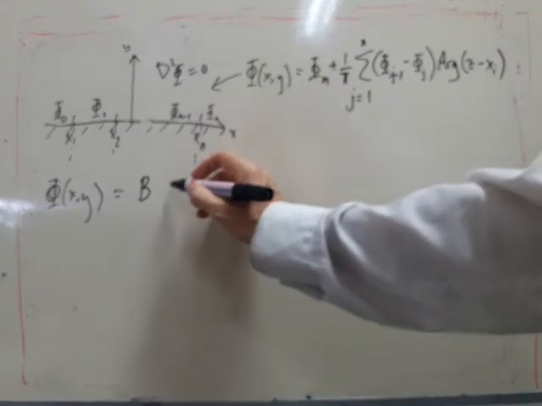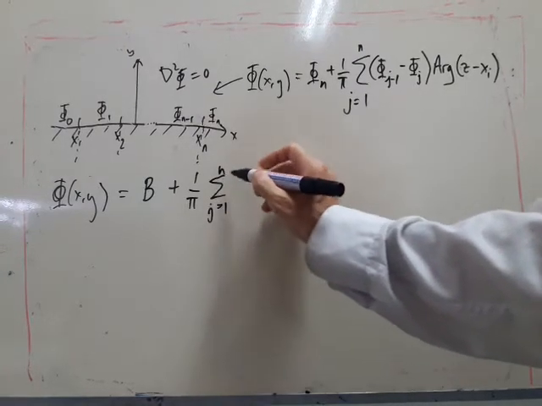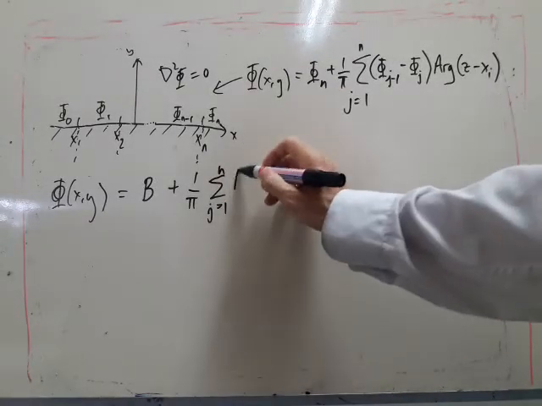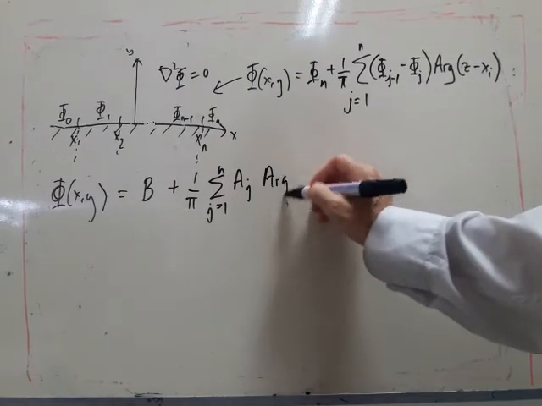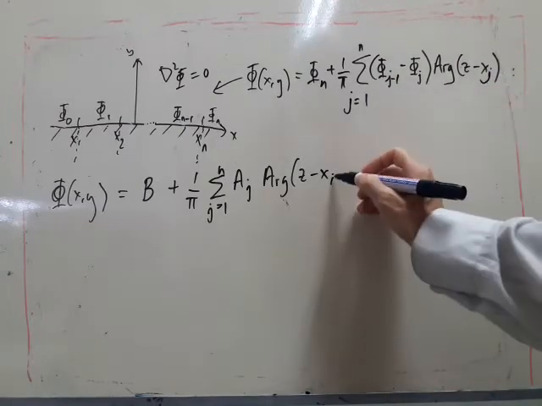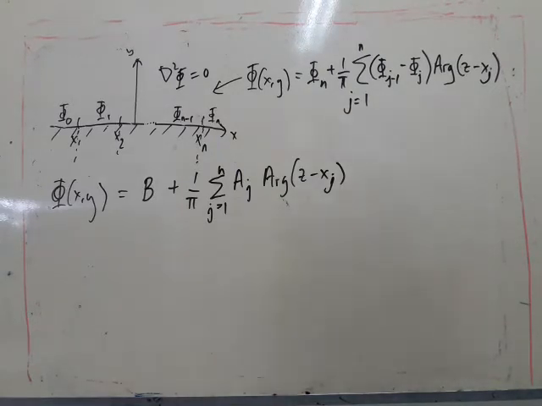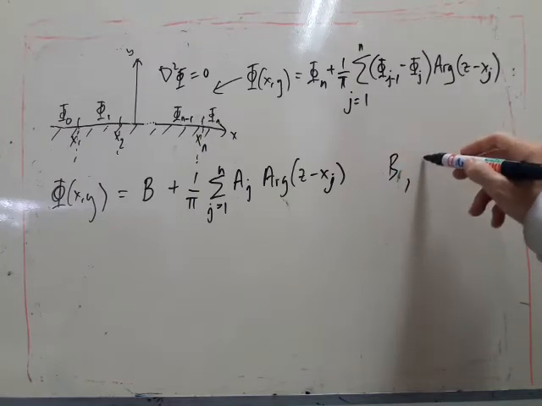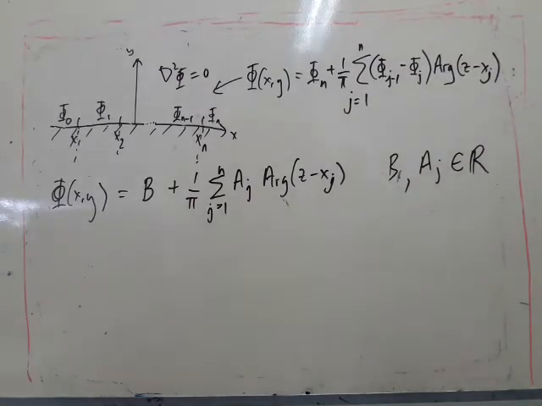So it's b plus 1 over pi sum j equals 1 to n of some other unknown constants, so I'll just call this a j, times the argument of z minus x, sorry, it should be xj, where we have to specify that b and aj are all real numbers.